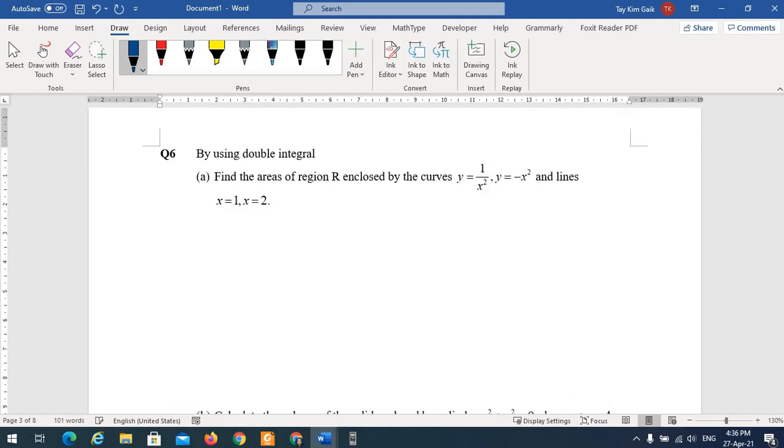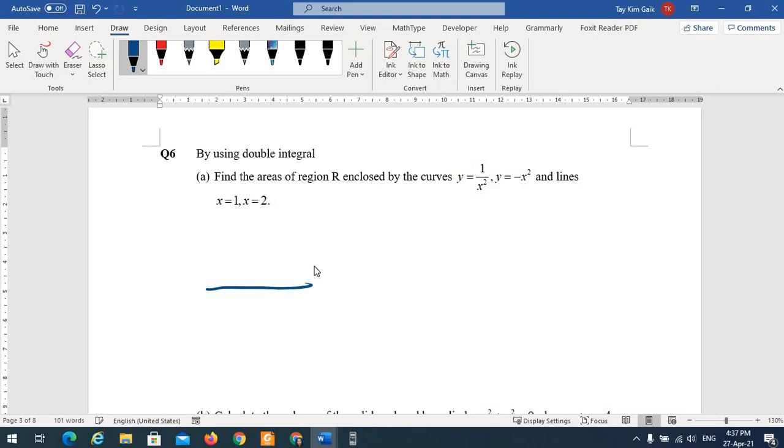You have to sketch the curve y equal 1 over x squared. When x is negative or positive, you square it, it is always positive. That's why y is always positive.